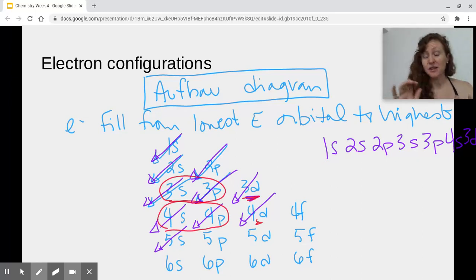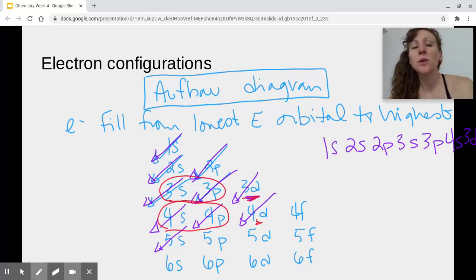Okay, so this is an Aufbau diagram. This is one way you can know the order of filling. Now, we will talk about an easier way when we get into the periodic table. And by easier, I mean you don't have to sit down and draw it. This is a pretty easy way to know the order of filling.